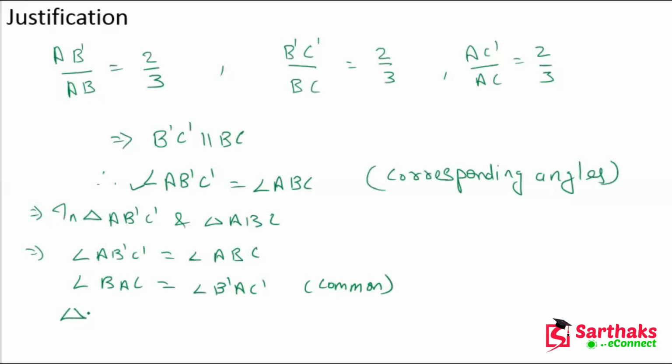So triangle AB dash C dash is similar to triangle ABC by AA similarity criteria.